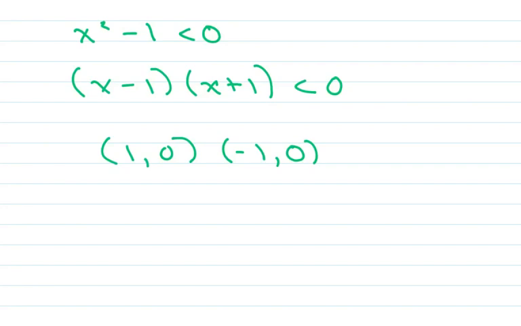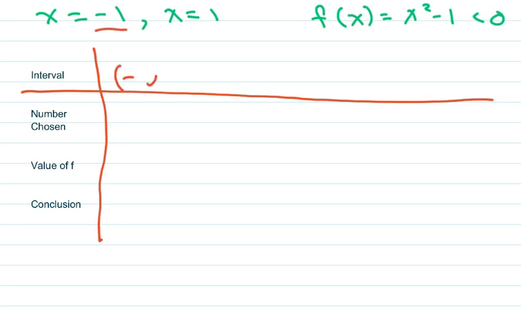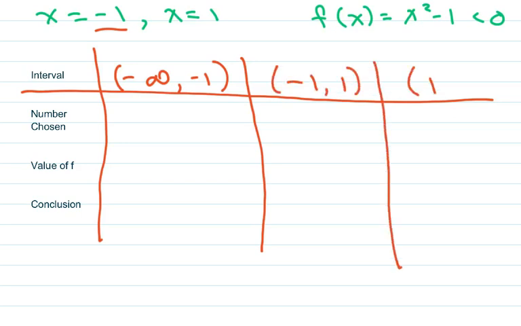So we have x = -1, x = 1, and my f is x² - 1. And again, we want this to be negative. So my intervals are going to be negative infinity to negative 1, negative 1 to 1, and 1 to infinity.